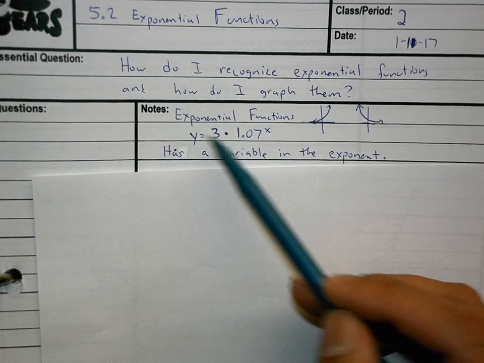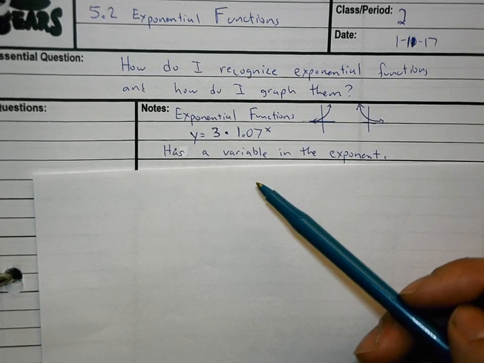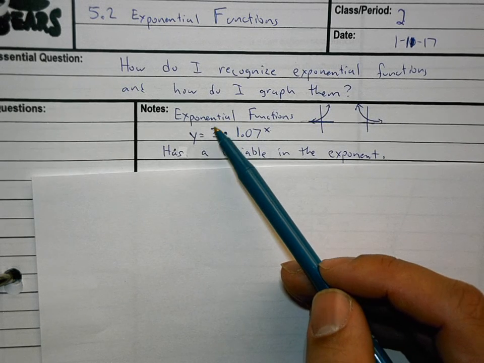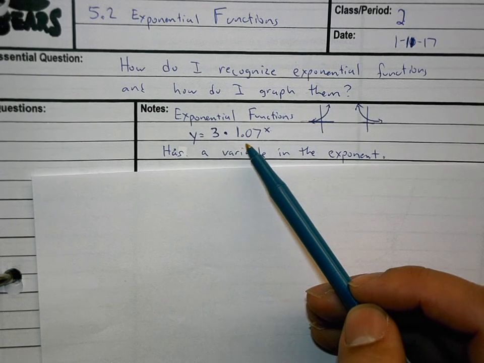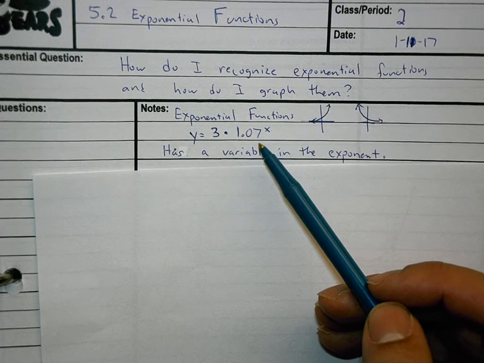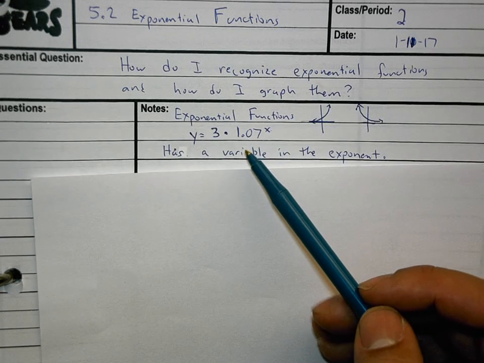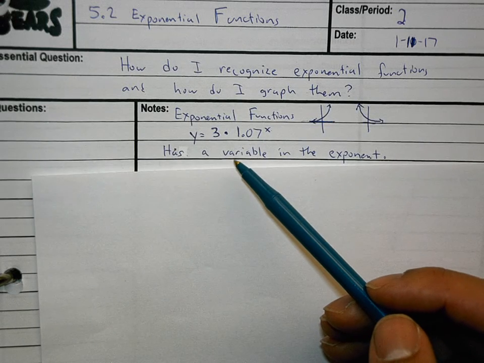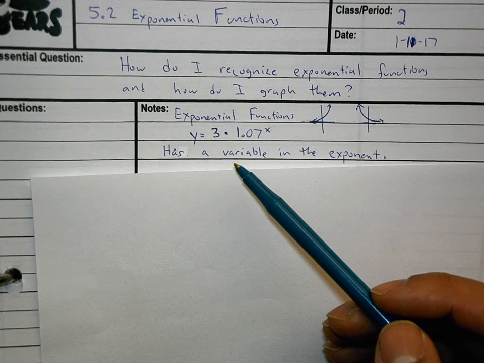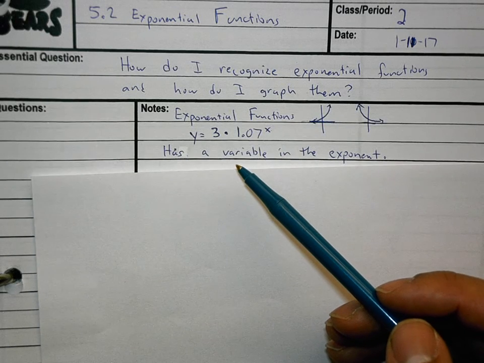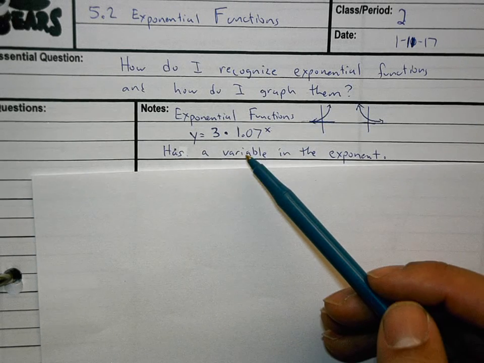This is an example of something where the 3 might be how much money you started with. This might be that you are earning or paying 7% interest on something. In real life, when you become an adult, if you ever take a car loan or some money out on a credit card, you will pay so much in interest.